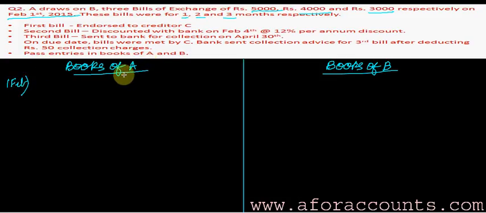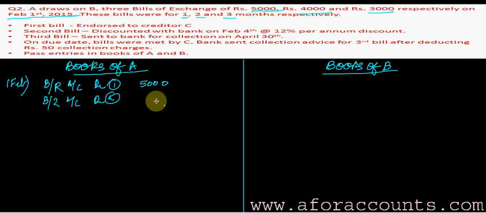Bills have been received by A because A must have sold the goods. So the entry will be bill receivable account debit, the first bill receivable which is of 5,000 rupees. Second bill receivable account debit, the second bill which is of 4,000 rupees.